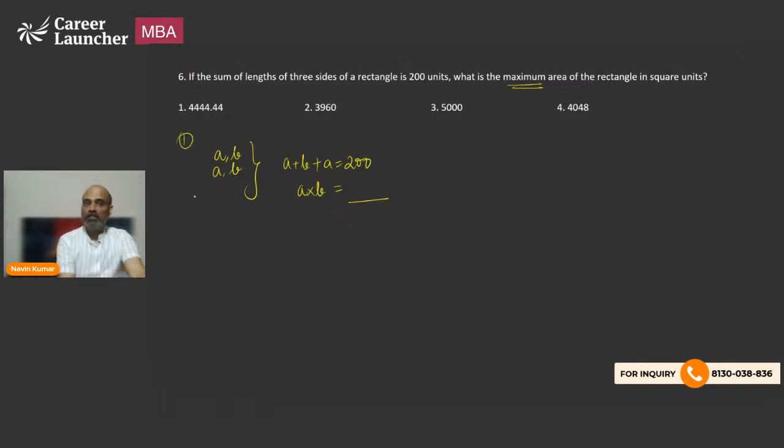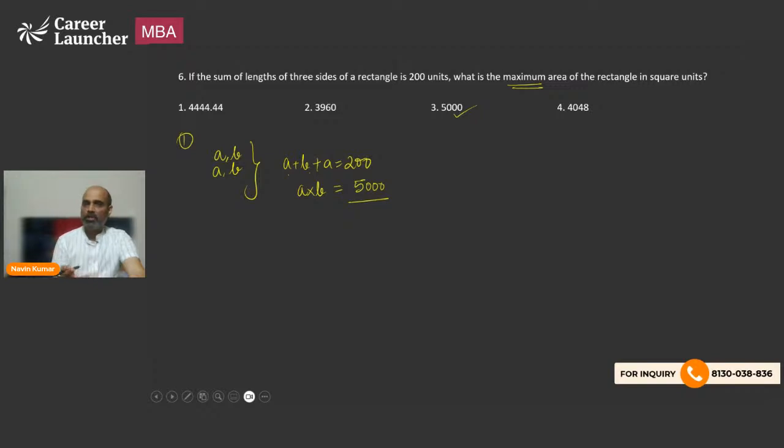Maximum area would mean, I'm talking about the first approach, which option is the maximum here? 5,000. So can we come up with the product as 5,000 such that A into B is 5,000 and A plus B plus A is 200? Can we think of such a combo of numbers? Say brute force.